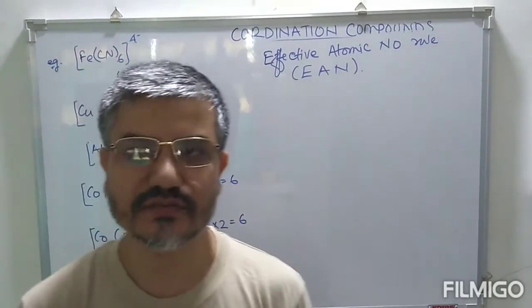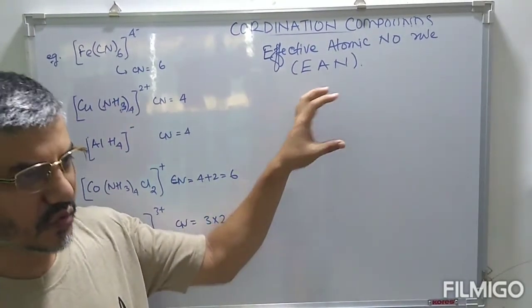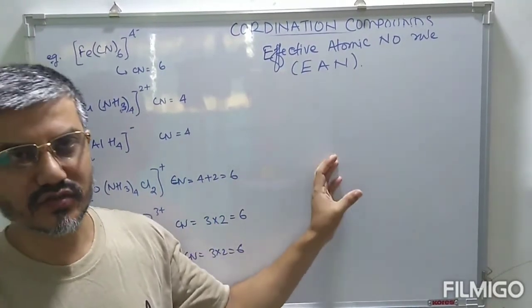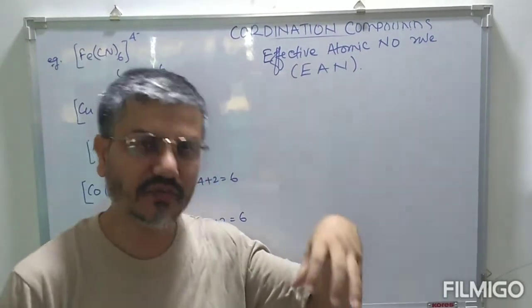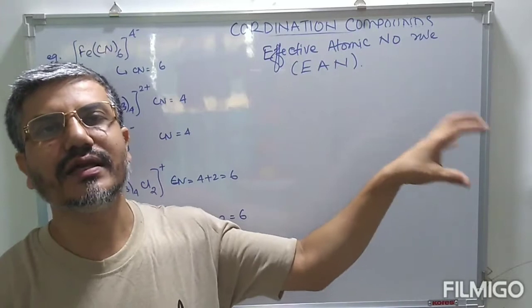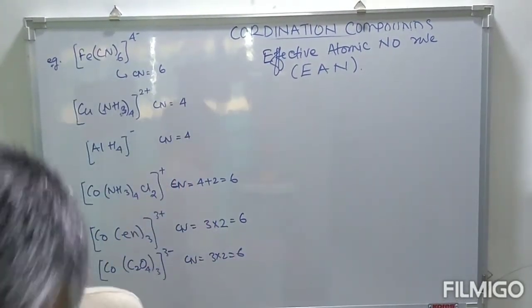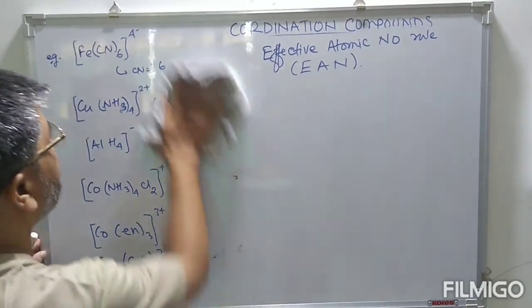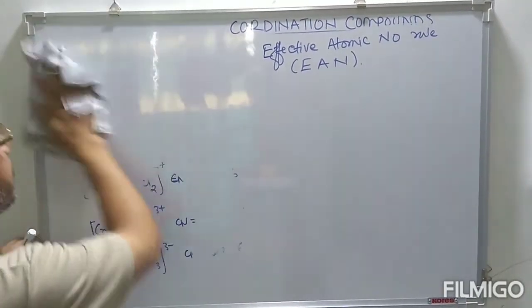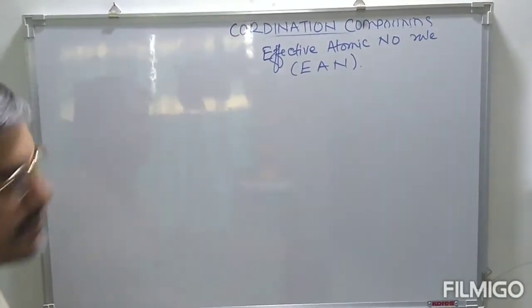There may be variation, but this says the total number of electrons, including that coming from ligand, should be having noble gas. That is what we call as effective atomic number or effective number of electrons.